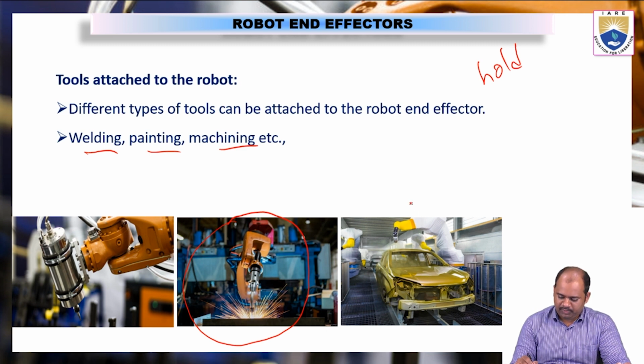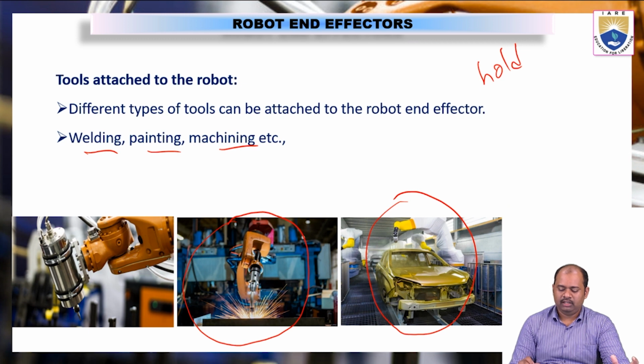And again, in the third picture, we can see the robot is painting the car body. Nowadays the car bodies are more complicated. They contain a lot of interior parts where human beings cannot reach and paint the body.